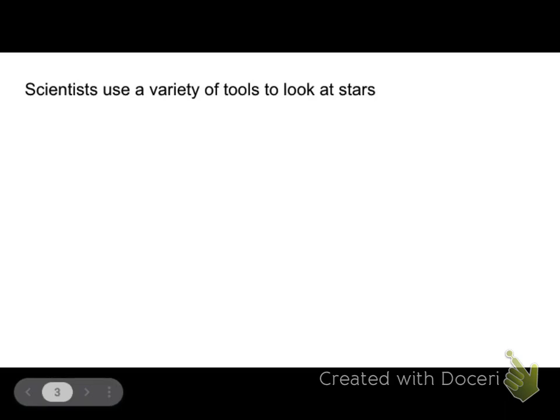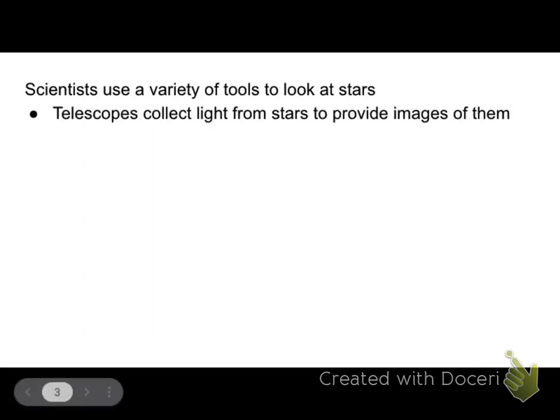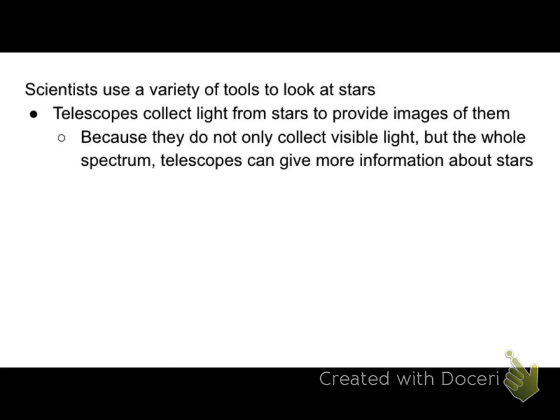Scientists use a variety of different tools to look up at the stars and gather information about them. They use telescopes to collect light from stars, and this provides the images you may have often seen of stars and galaxies that exist distances from Earth. However, telescopes don't just collect visible light.